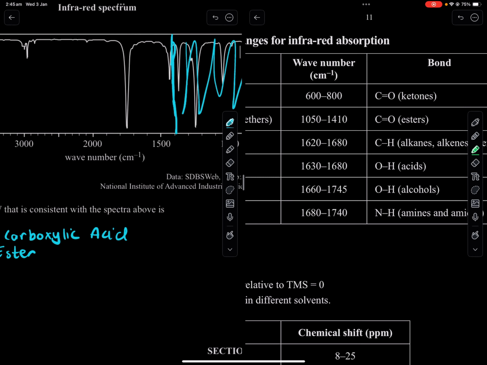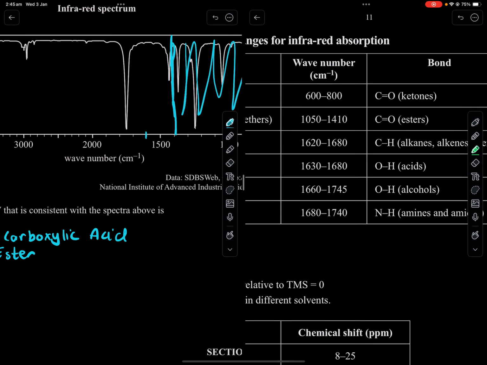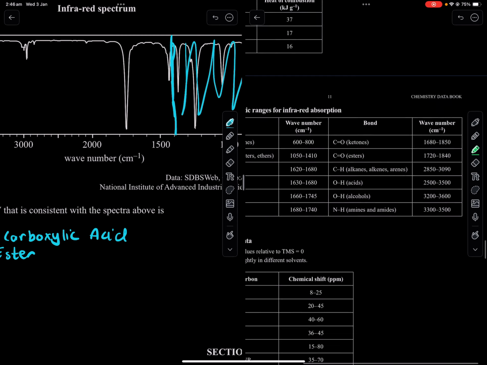So that's 6 here. 1680 is around here to 1740 around here. Am I mistaken? So 1680 is around here, and 1740 is around here. There is no peak here. But it's okay. That's no problem. I will check the other acids.